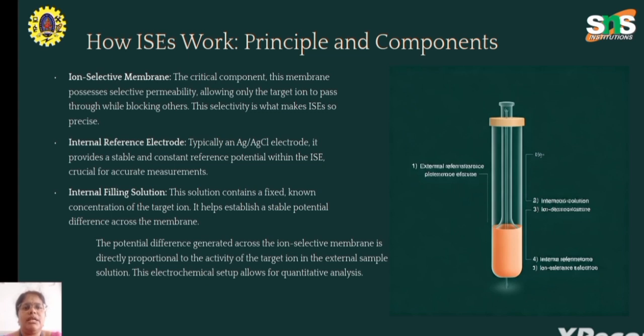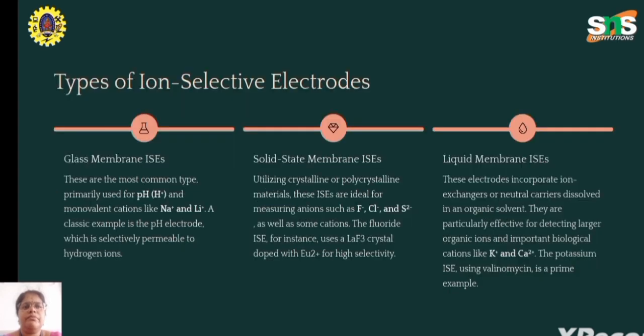It helps establish a stable potential difference across the membrane. The potential difference generated across the ion-selective membrane is directly proportional to the activity of the target ion in the external sample solution. So, this allows us to perform quantitative analysis of a given sample.